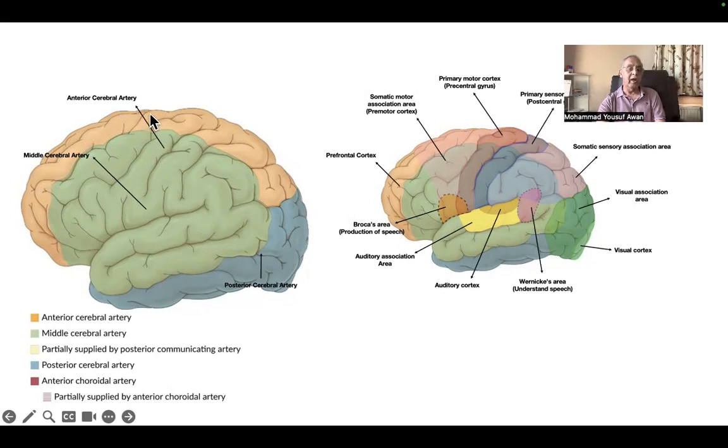This is a bit confusing: this color is the anterior cerebral artery, and the greenish color is the middle cerebral artery. So this is the anterior circulation, and this is the posterior circulation, and that includes the cerebellum as well as the brainstem. So these are the areas supplied by the anterior and middle cerebral arteries, and this is the area supplied by the posterior cerebral artery.